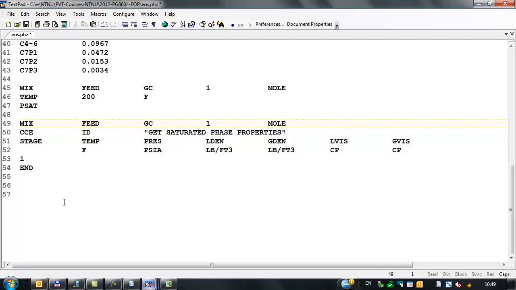How should we do this? We need it to calculate the density and molecular weight of that surface oil for us. So we need to create a mixture with the surface oil. Let's see here.